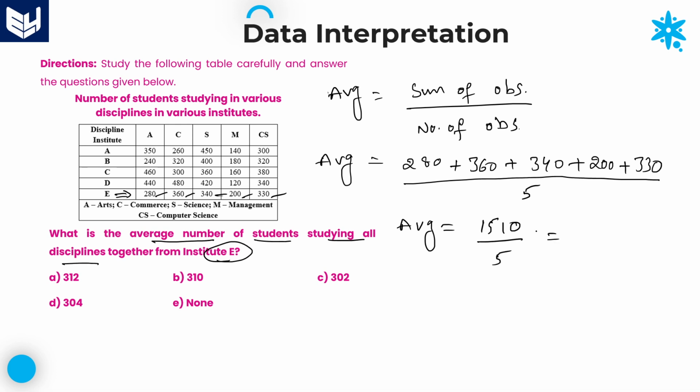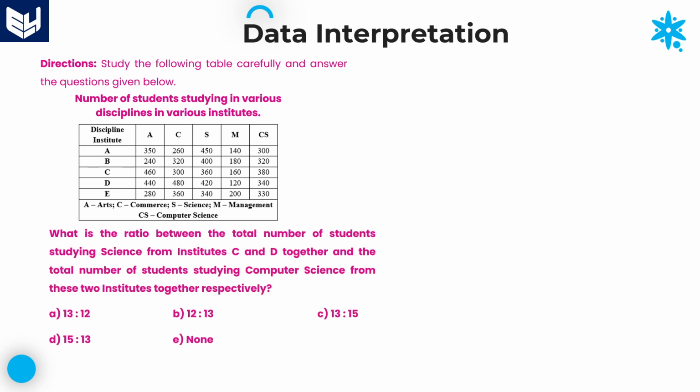Now here you can cancel with the 5 table. 5 3s are 15, 0, 5 2s are 10, so 302. The required average number of students who are studying in all the disciplines from Institute E is 302. Option C is the right answer for this question. Option C.